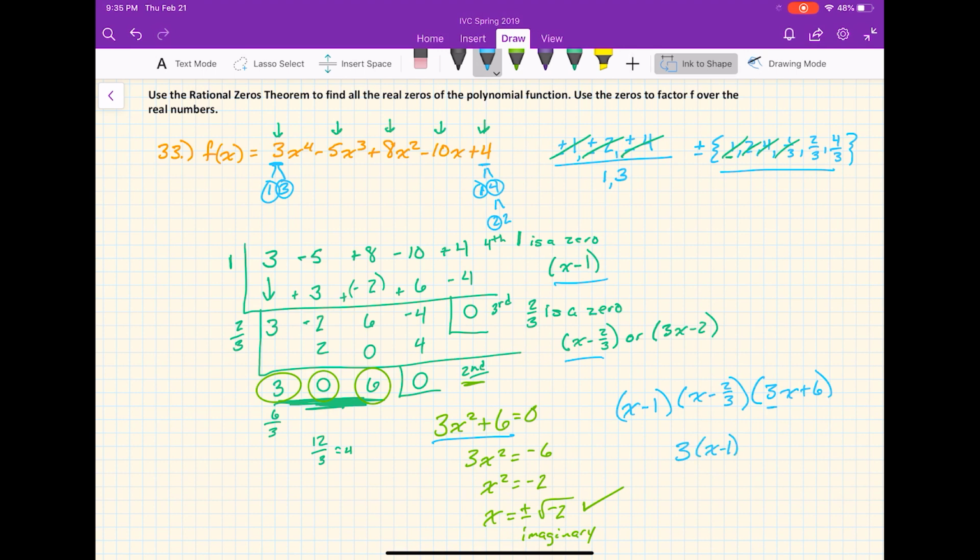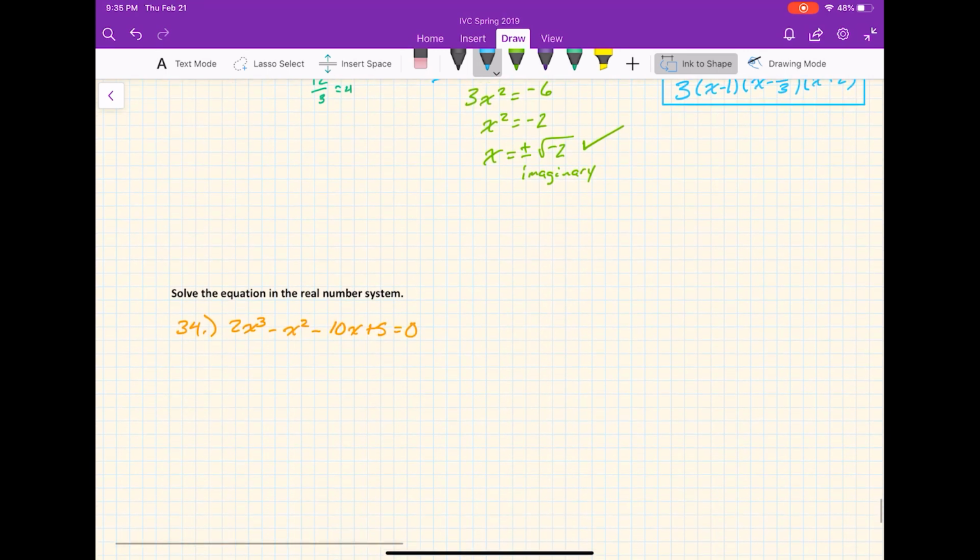So I'll do this: 3 times x minus 2/3, and then this ends up being x plus 2 because I factored out that 3, so this becomes a 2. So this is our final answer here. So that's number 33.